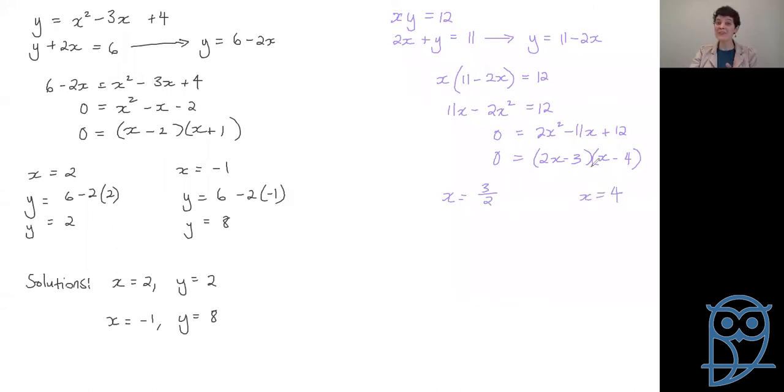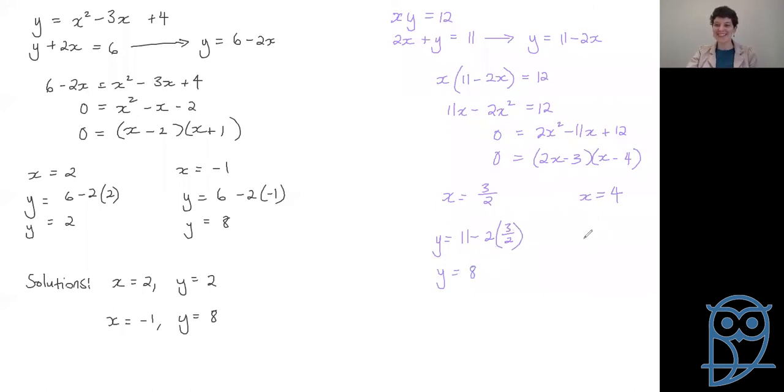Make sure you're happy with quadratics. They're going to come up over and over and over again. So when x equals 3 over 2, we use our rearranged one to make life easier. y equals 11 minus 2 times 3 over 2. So y equals 11 minus 3, which gives us 8.